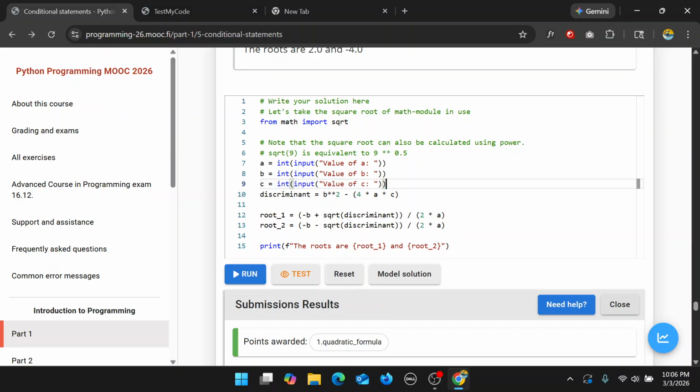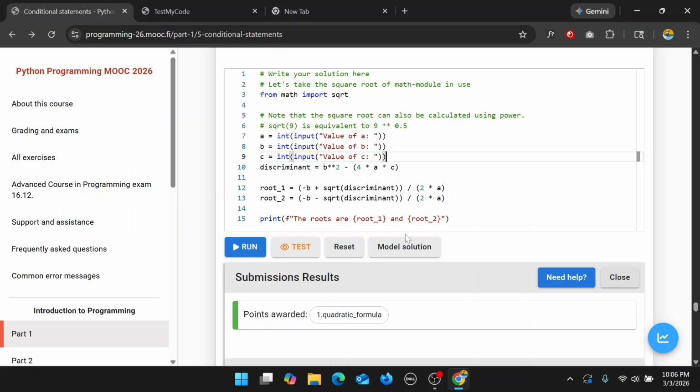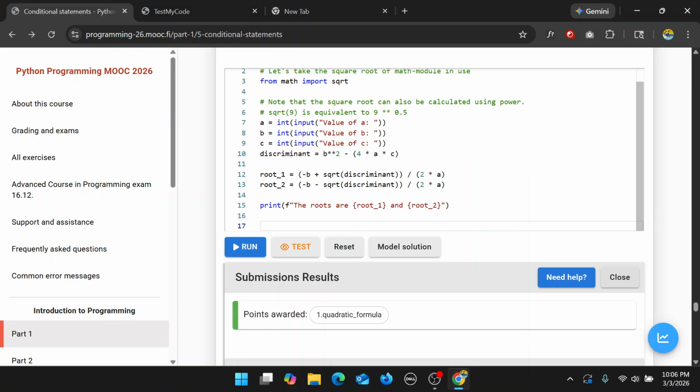So it's not that my code is wrong, but it's because the values provided don't result in a real root. And I guess their tests don't test for that in this exercise, which is fine because it's not really important. But in a real world scenario, if we were to evaluate this by hand, we would see that 3, 5, 5 produced no real roots.